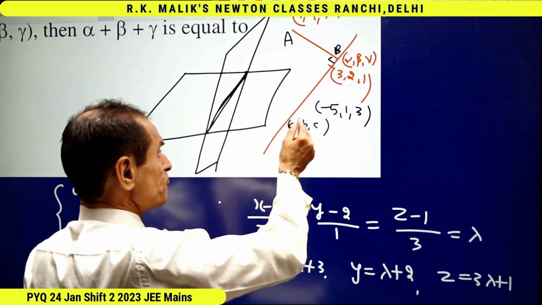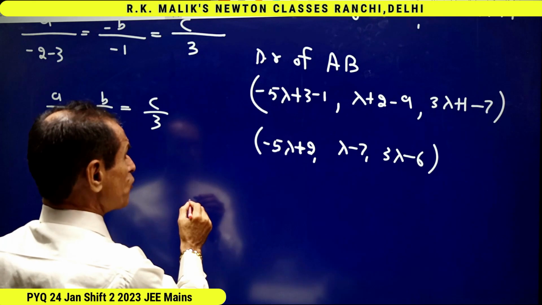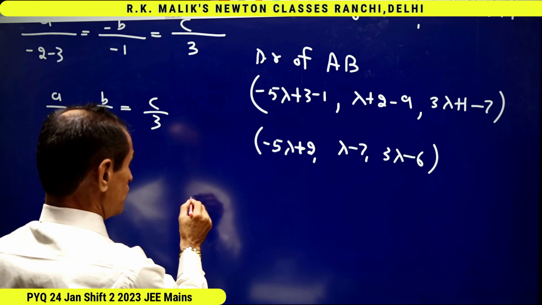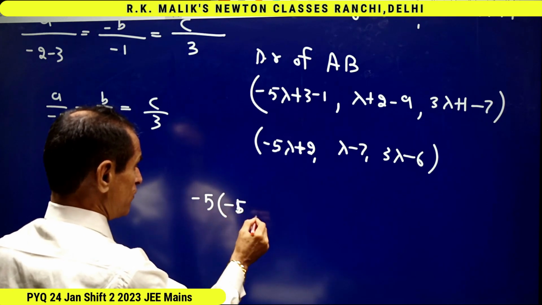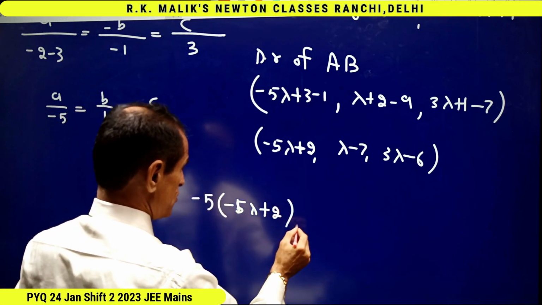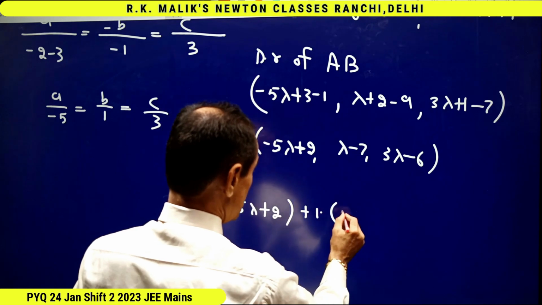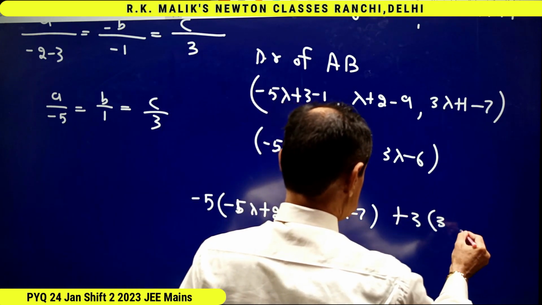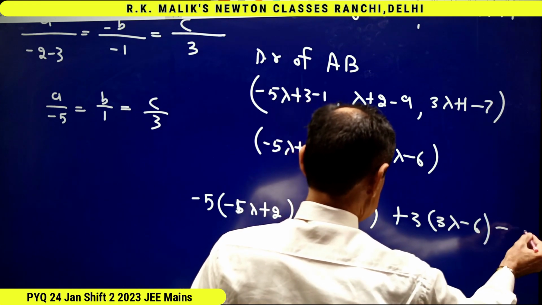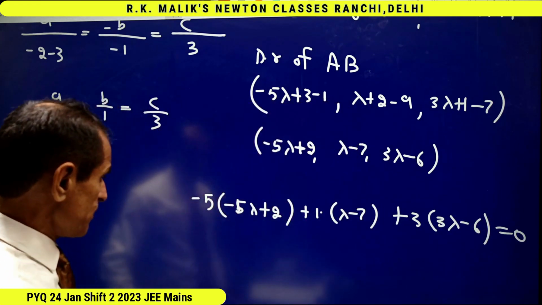The direction ratios of this line are minus 5, 1, 3. Because the two are perpendicular, minus 5 into (minus 5 lambda plus 2) plus 1 into (lambda minus 7) plus 3 into (3 lambda minus 6) equals 0.